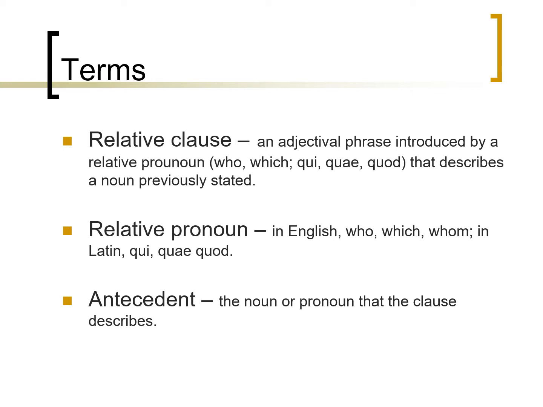In English, who, which, that, whose, and in Latin, qui, quae, quod, etc. as you decline it. The antecedent, I've said this word several times. So remember, relative pronoun introduces relative clause, and they relate back to a noun. What is that noun? Well, it's the antecedent, meaning coming before.